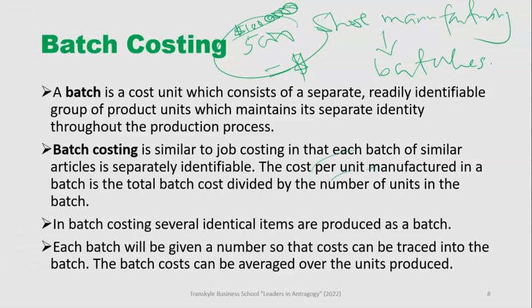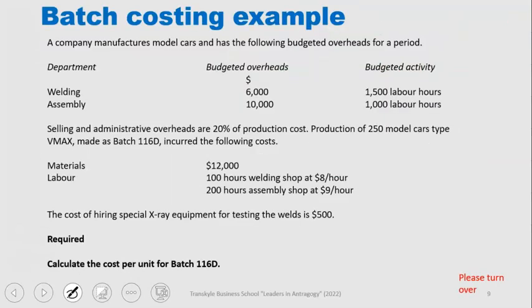I hope that you've been helped there. Let us do this particular example before we jump on to the next issue. A company manufactures model cars and has the following budgeted overhead for the period. Departments, budgeted overheads, budgeted activity.